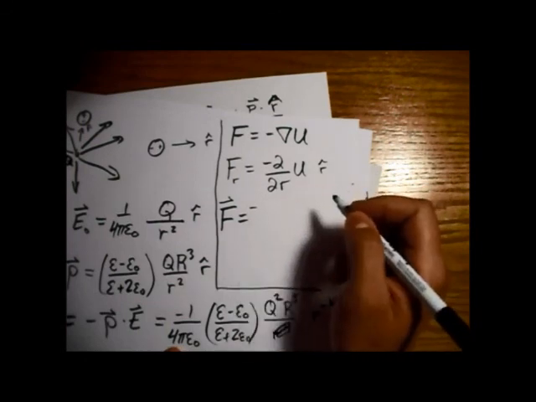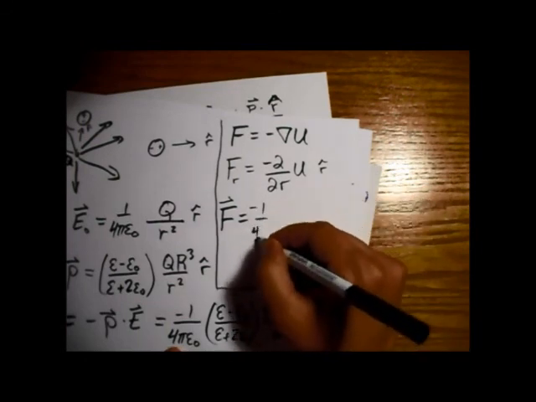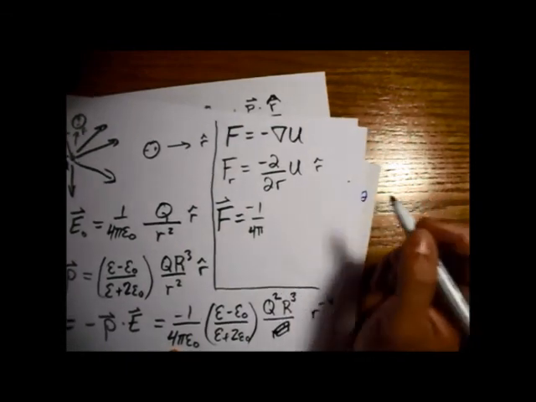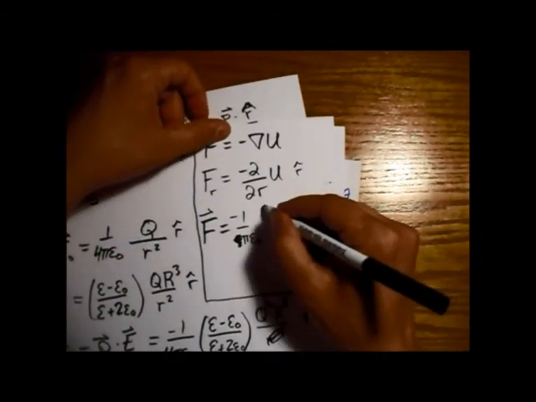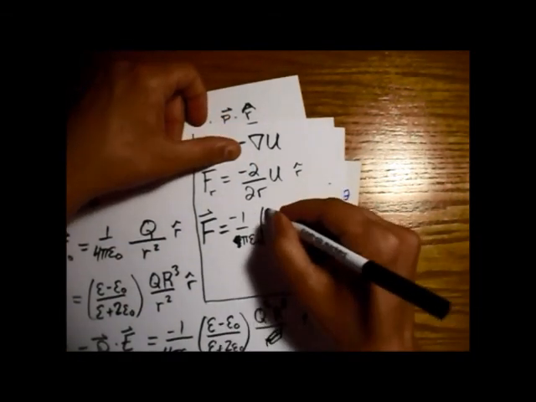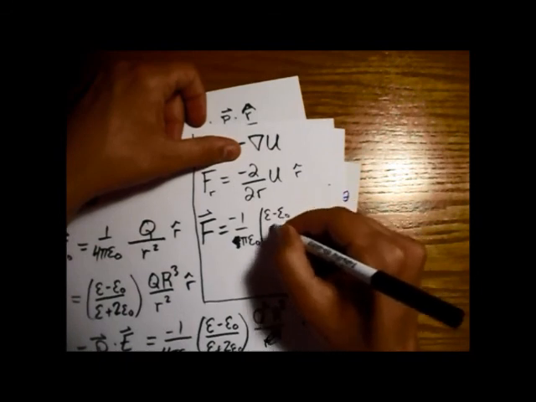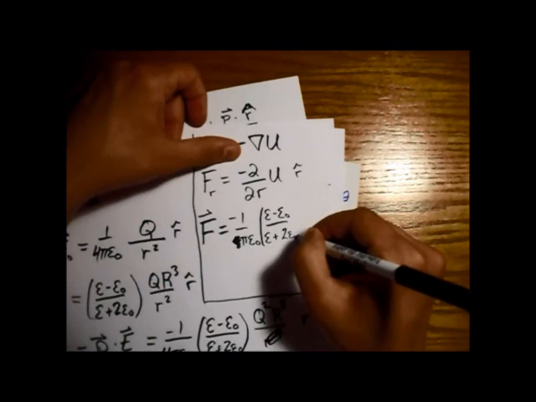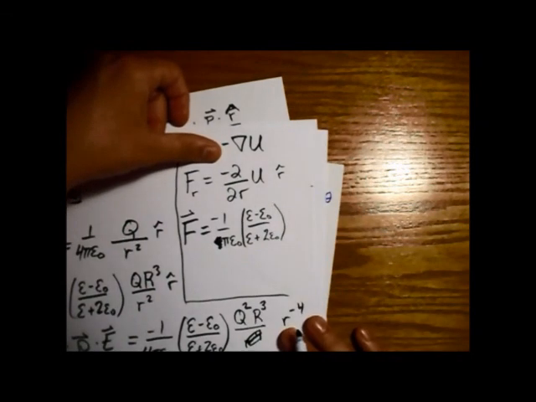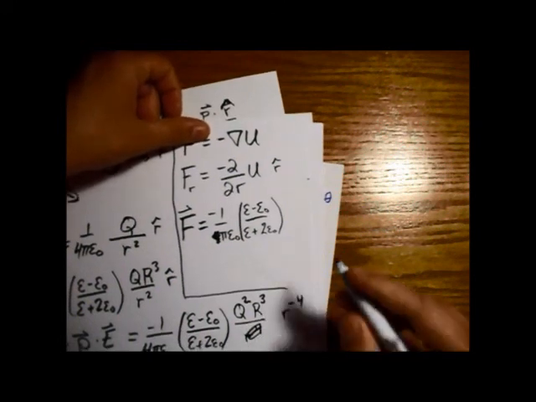So I'll just write 1 over pi epsilon naught. The 4 is the part that went away. Now we have our good old term with all the epsilons in it, like this. Anything else? I think we're good.